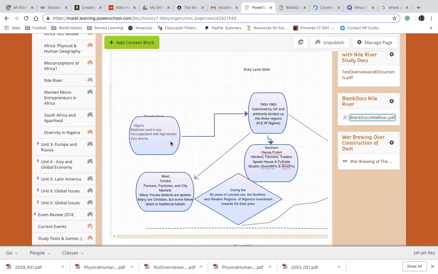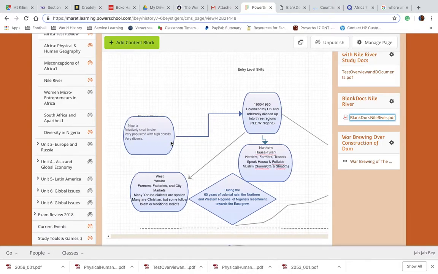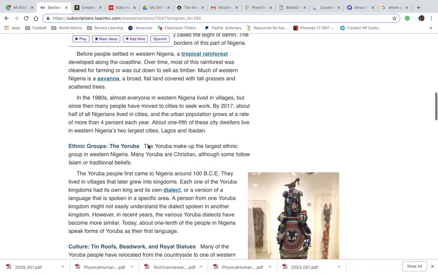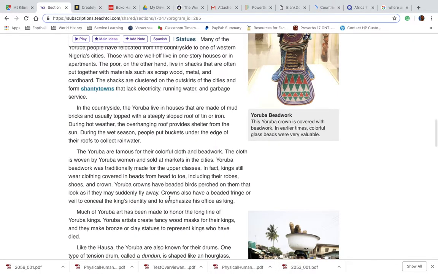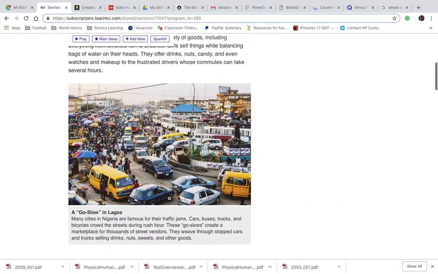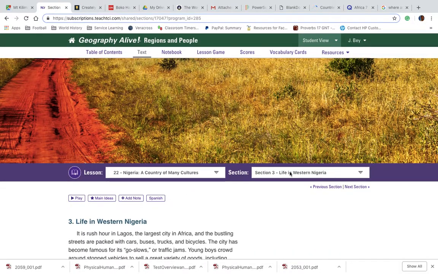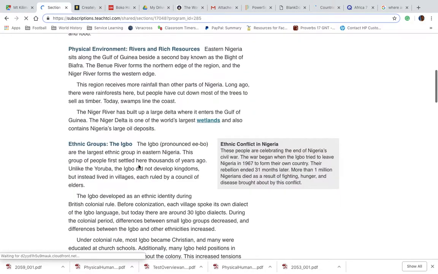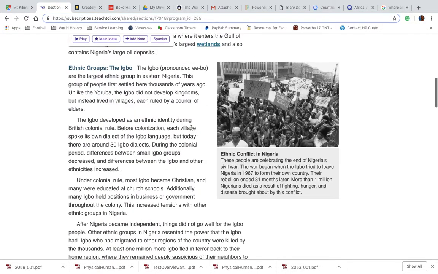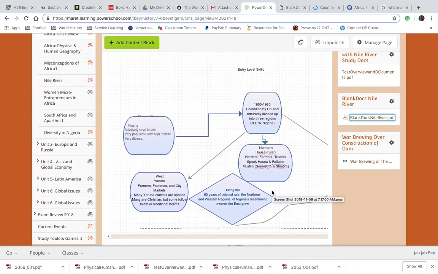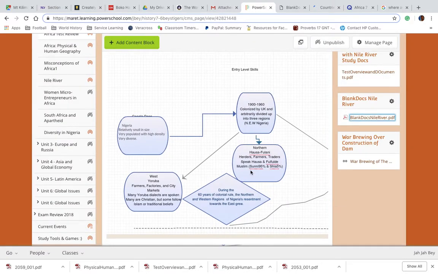So follow this timeline to further your understanding, and then reread the actual sections in your book, okay, to actually understand the conflict in Nigeria that took place, okay? So here's the conflict, here's the civil war. You can read it here, but for the sake of this video, I'm just going to explain it to you. You can look at this video over and over again as much as you want.